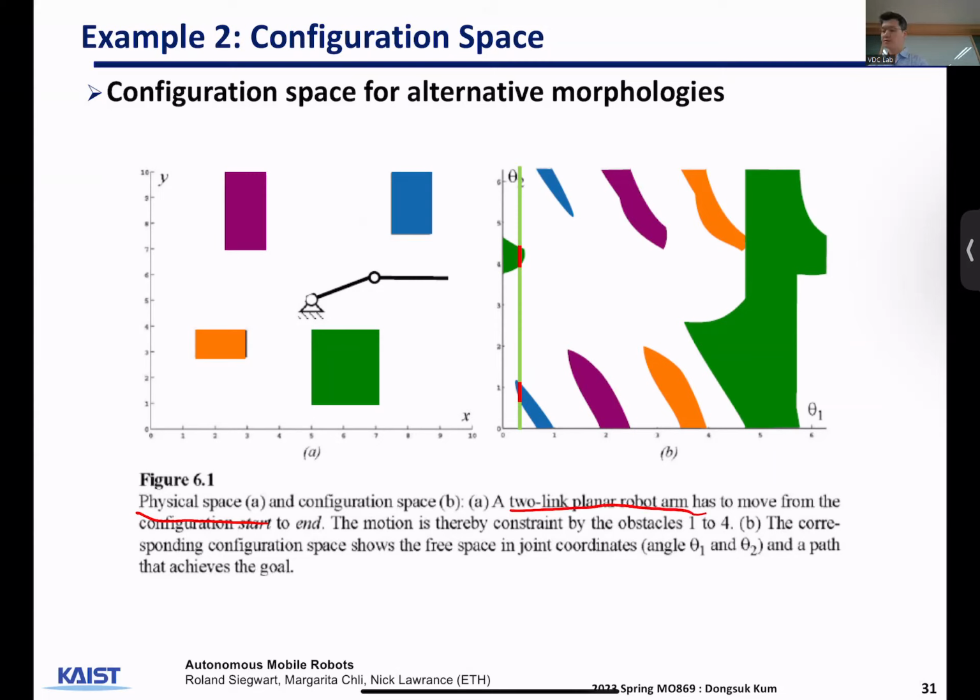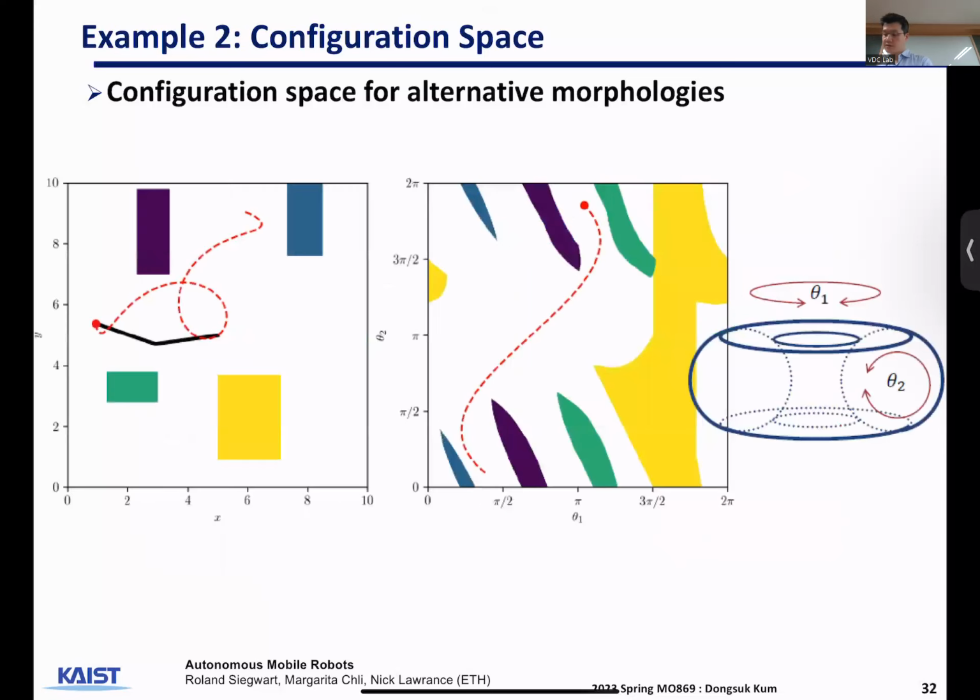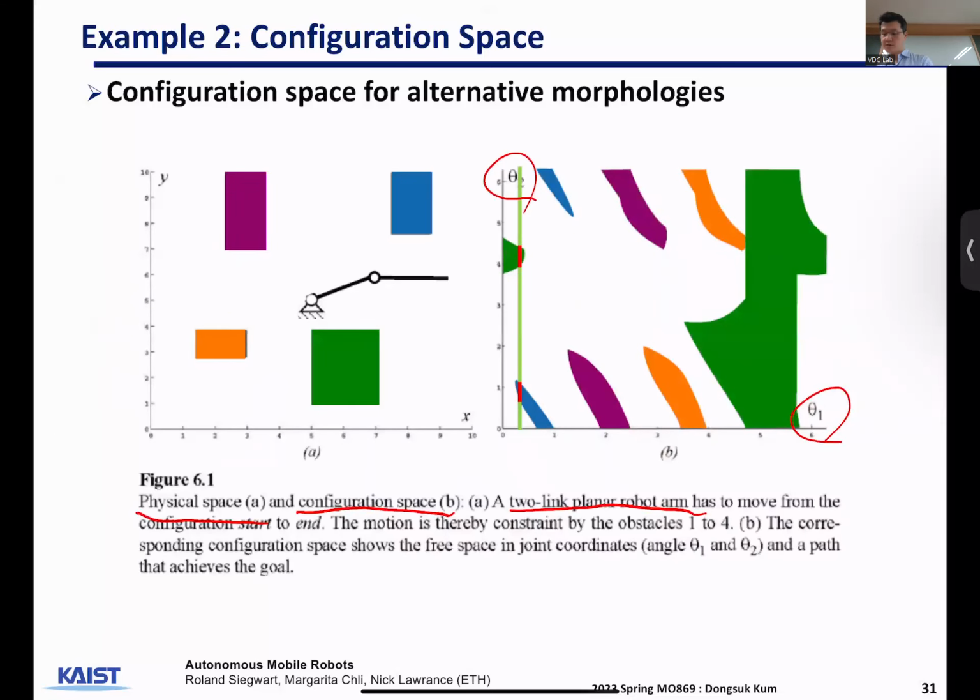Okay, this is a manipulator type of problem. And on the left side we have physical space, and on the right side we have configuration space. So in this example, configuration space is defined by θ1 and θ2. I believe this is the angle θ1, and this is the θ2.